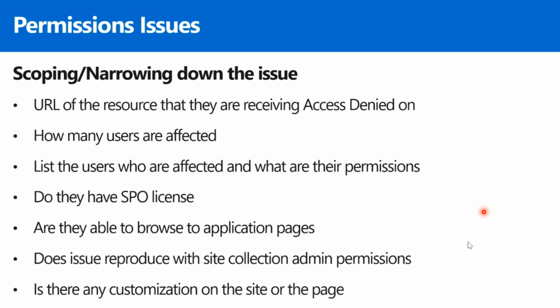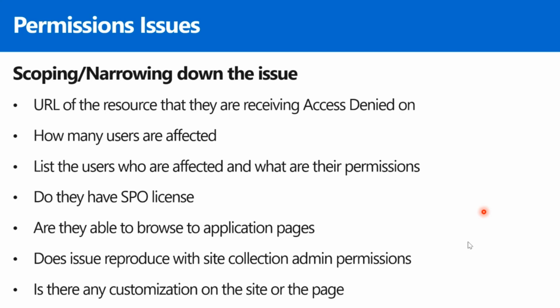And then check if the site collection admin is able to reproduce the same problem, because if the site collection admin is also not able to access a resource, then there is something else going on, right? It's not scoped to just the user level, because even the admin is impacted. And then try to figure out if there are any customizations on the site. We have often seen that customizations can lead to access denied.